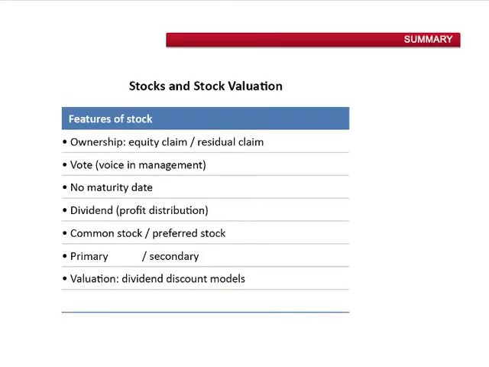Let's have a closer look at the definition of stock. Equity shares, or stock, are the main source of finance of a firm. It is issued to the general public, which we call investors or shareholders.